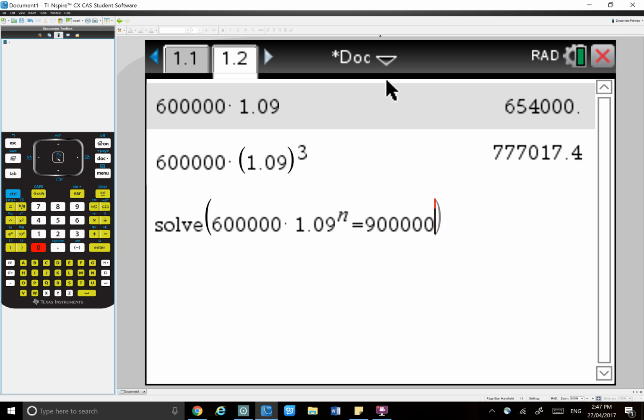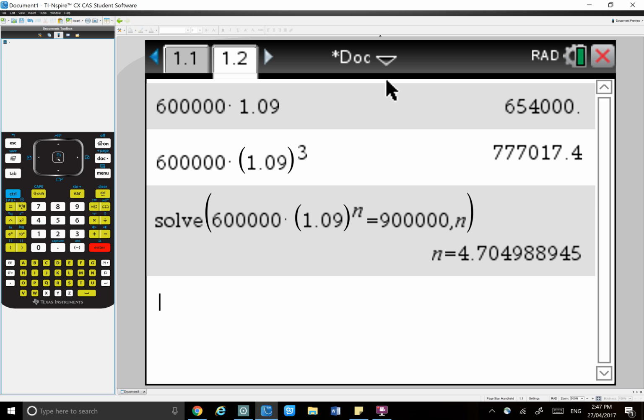I type this equation in, and I need to tell the calculator which variable I want to solve, so I press comma and put the variable in. The variable is n, so comma n. Press enter and I will have 4.704 something. So to 1 decimal place that will be 4.7.